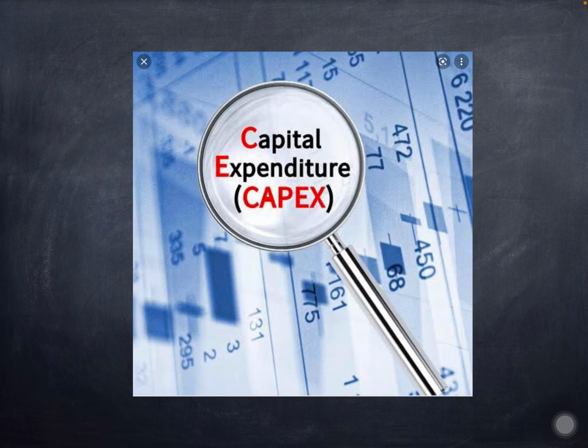The next one I am going to talk about is capital expenditure, otherwise capex. These are expenditures of the government which result in the creation of physical or financial assets or a reduction in financial liabilities.